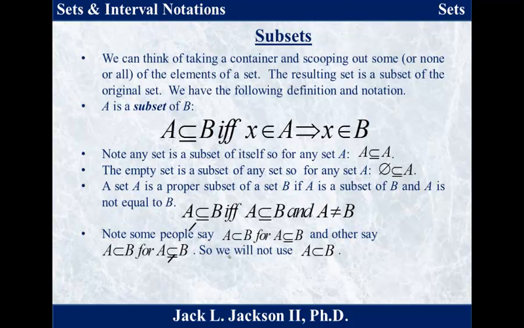Other people use that symbol for a proper subset, not allowing equality. Because I think that is confusing, we will not use this symbol, which looks like a subset symbol but without the line underneath. We'll use the subset with the line under it if equality is a possibility, and we'll have a slash through the little equal part if equality is not a possibility.